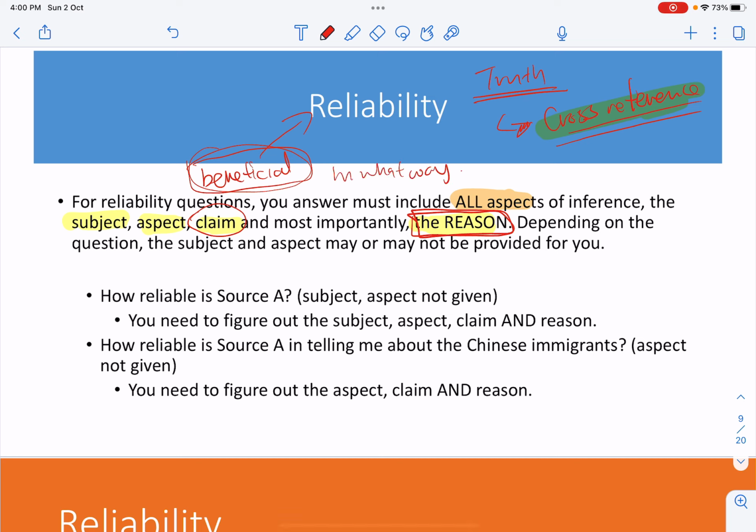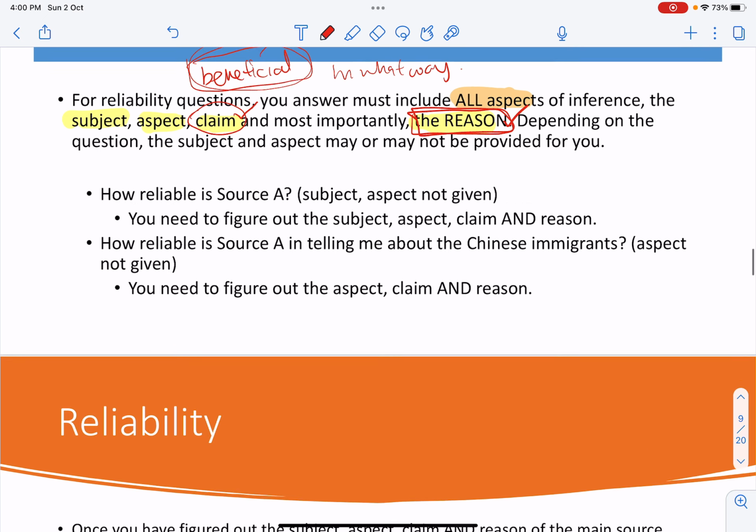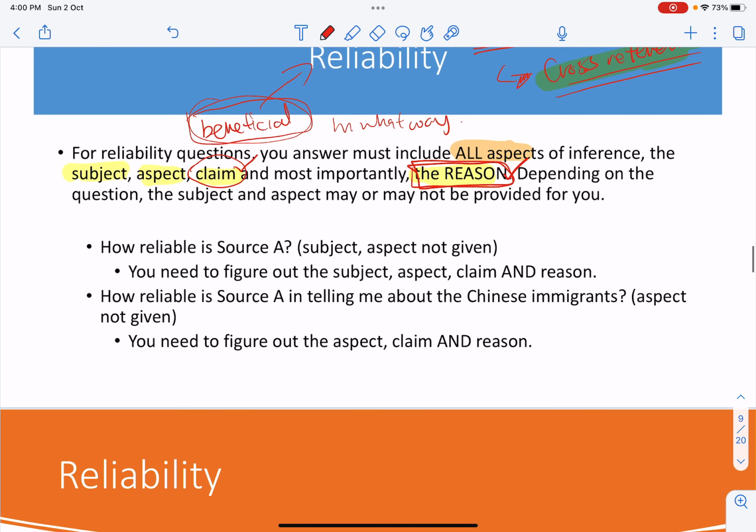Okay, again, very important. When you do your cross-reference, it's not enough just to match the claim. You also have to match the reason, and that will determine whether you can indeed trust the source or whether the source is indeed reliable. Now, in some cases, they will not give you the subject and the aspect.